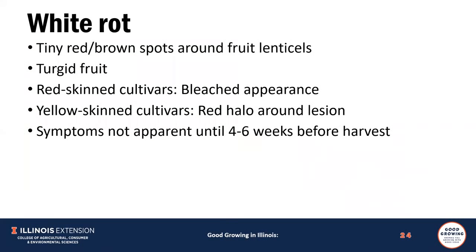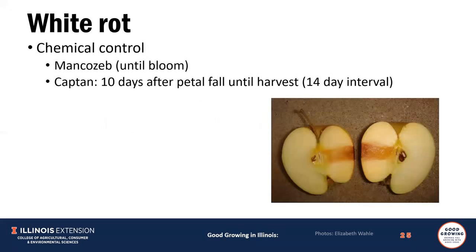So this white rot does have a difference in appearance for red skinned to yellow skinned, and the symptoms may not be apparent until 4 to 6 weeks before harvest. So be mindful of that whenever you're growing, that the time that you see some of these, the infection period had happened long before.